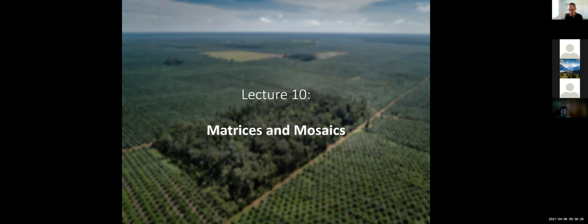So of course that's patch, corridor, matrix, and that brings us to the M in the trinity, and that's matrices and mosaics. We're going to be talking in more detail about how we understand matrices and mosaics as a composite whole and some of the ways that they can be analyzed.